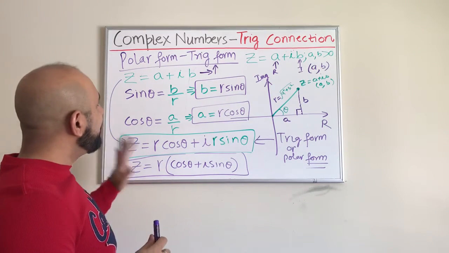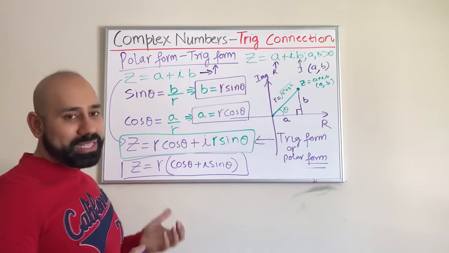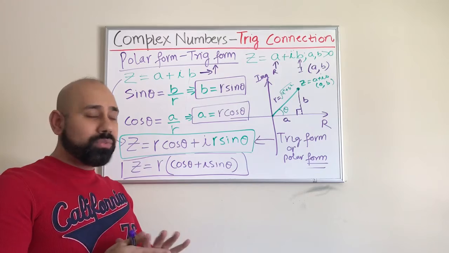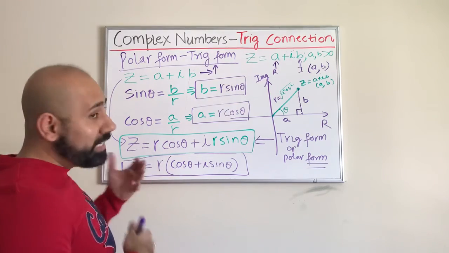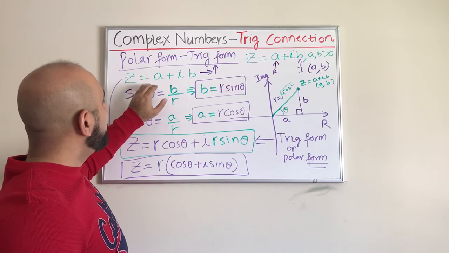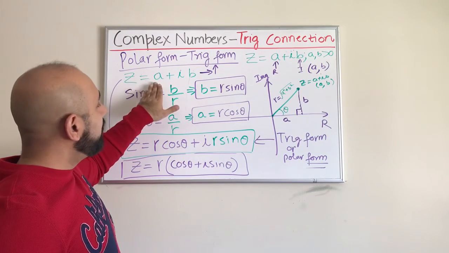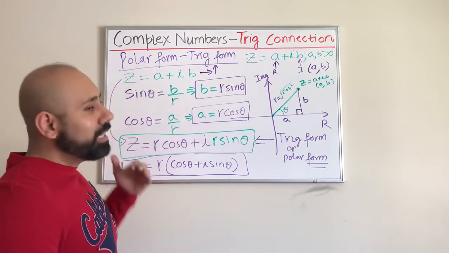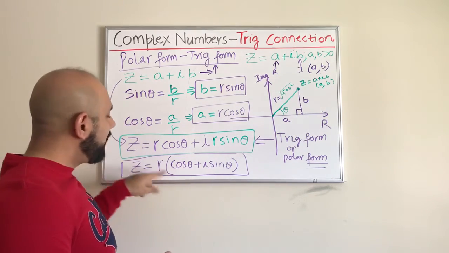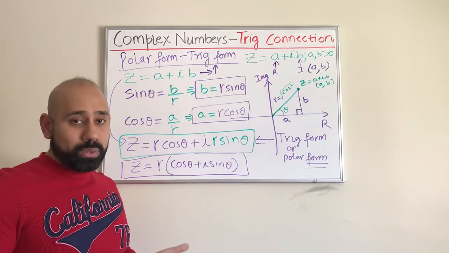So this is the connection between the complex numbers and the trig functions. Now, in examples, we will be provided a complex number in the standard form, a plus ib, and we will be asked to convert it into the trig form, which means something that involves sine and cosine.